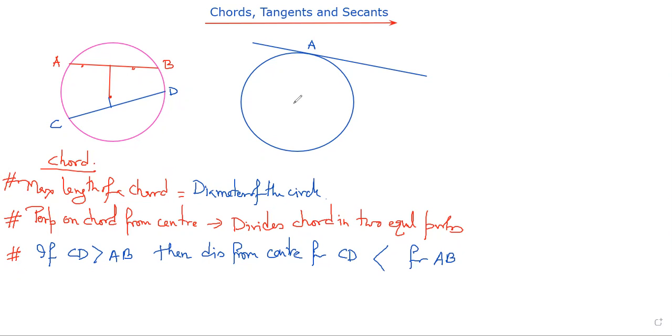Now, if from the center of the circle I draw another line to the touch point, then this would be the radius of the circle, and not only that, it would be perpendicular to the tangent.